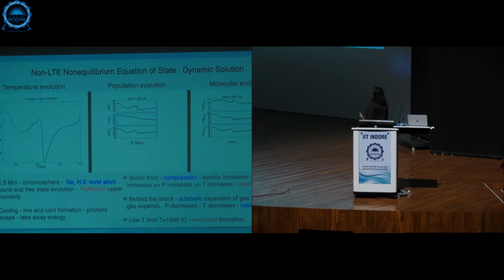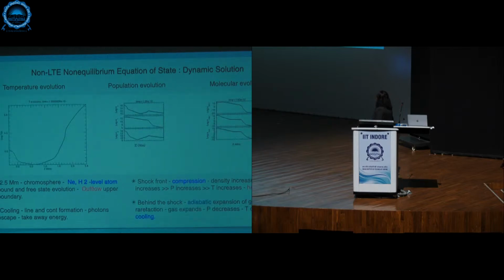In this particular simulation, we have a minimum temperature of 1500 Kelvin. This is a little bit higher, but I have only a few seconds of the temperature and also the hydrogen atoms and the molecules.